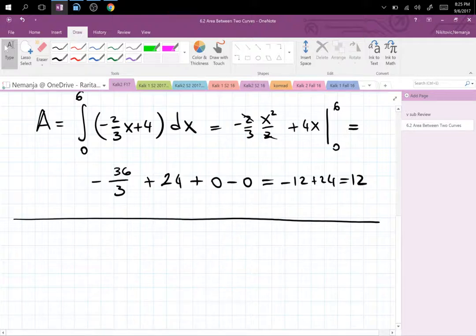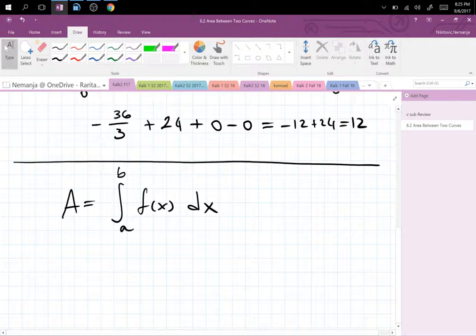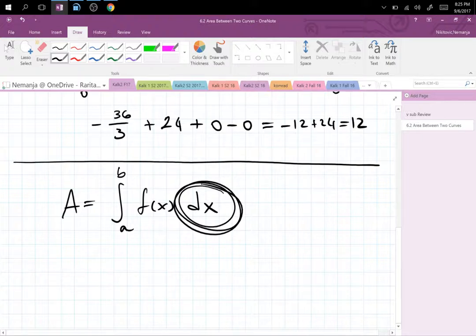So area under the curve is going to be the integral from a to b of f of x dx. And this is what you learned in Calc 1. The reason I repeated all of this is because I have to establish the importance of this dx. It's not there for decoration, and every time you don't write it, you are committing mathematical sacrilege. All right?